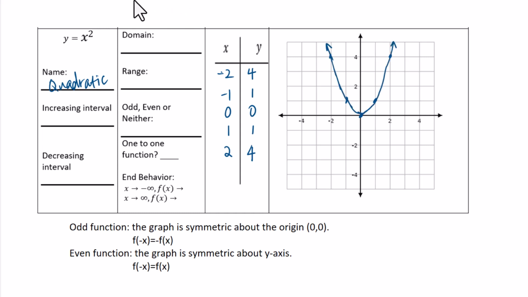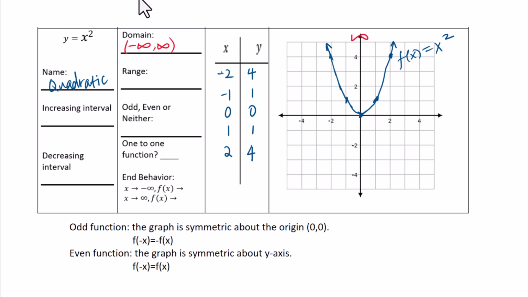Then we smoothly connect these 5 points. F of x equals x squared. Domain is all real numbers because no ending points on the left side, no ending point on the right side.